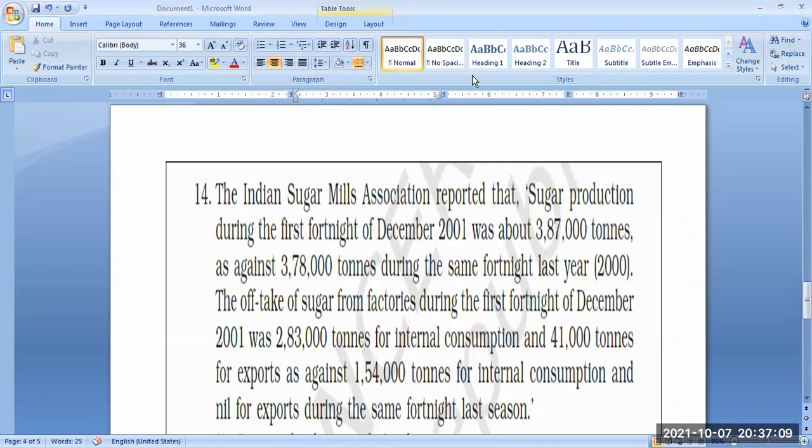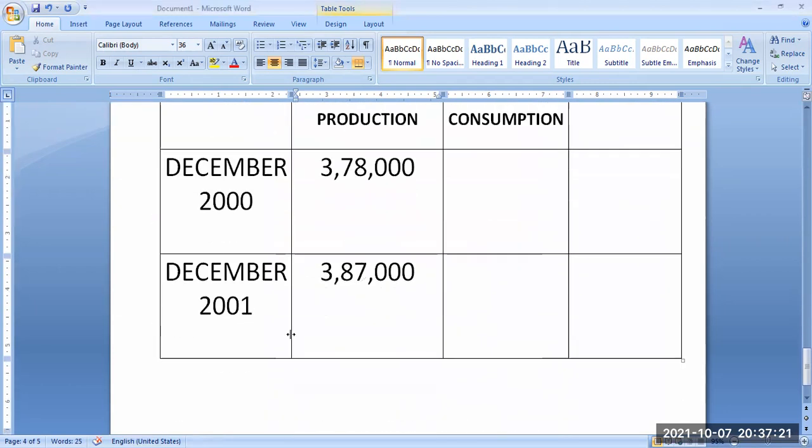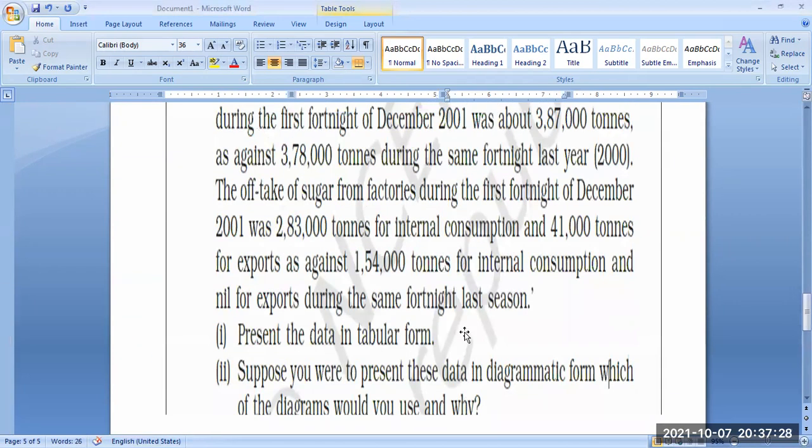Right. So now coming to the next. See, the offtake of sugar from factories during the first fortnight of December 2001 was 2,83,000 tons for internal consumption. So in 2001 we will make it 2,83,000 for internal consumption. How much is exported? 41,000 tons.